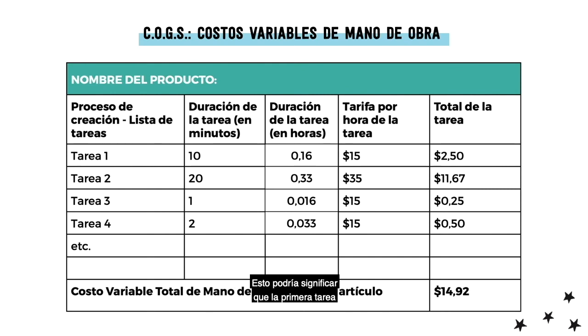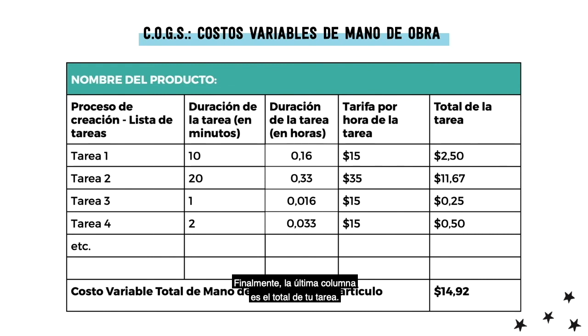This might mean that the first task could be done by someone that's got less experience, but step number 2 in the creation process of this product is maybe the most important part of it and can only be done by someone that's got a substantial amount of experience in this craft, and therefore that's something that costs a little bit more in hourly wage.